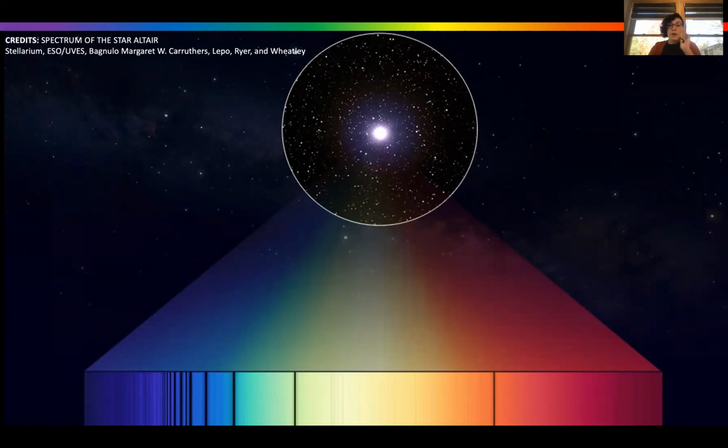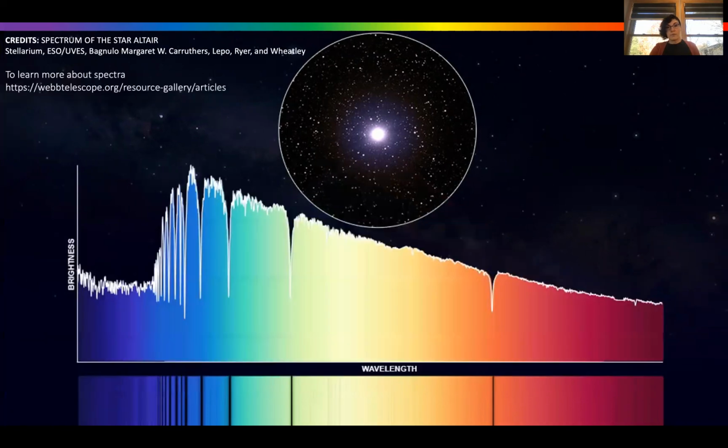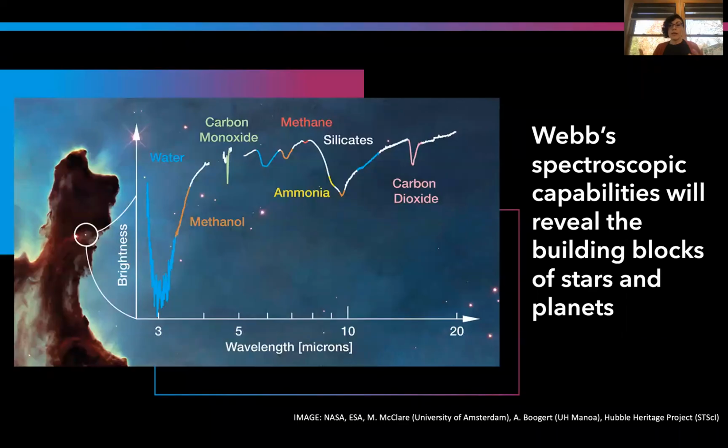But they always remove this amount of light at always the same wavelength. So by measuring the position, the depth, and the broadening of these lines, we can gather information about the chemical composition, the temperature, and the surface gravity of the object that is emitting the light. And so we can really weigh the amount of elements that are present on a star or on a planet.